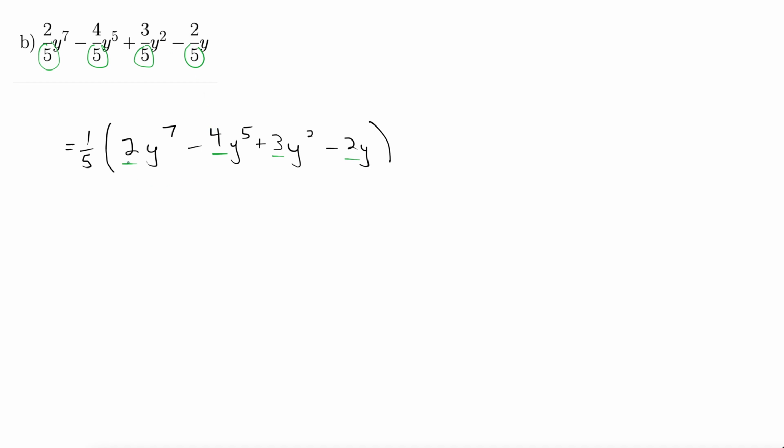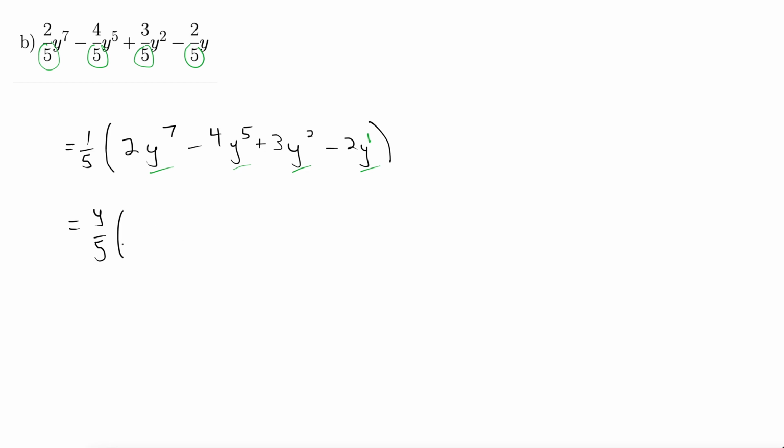Now let's look at just the variables: y to the 7th, y to the 5th, y squared, and y. Remember, the GCF always gets the smallest exponent. In this case, it is y to the 1. So we're going to pull out a y to the 1 here. Our GCF then is 1/5 y, which I'll write as y over 5.